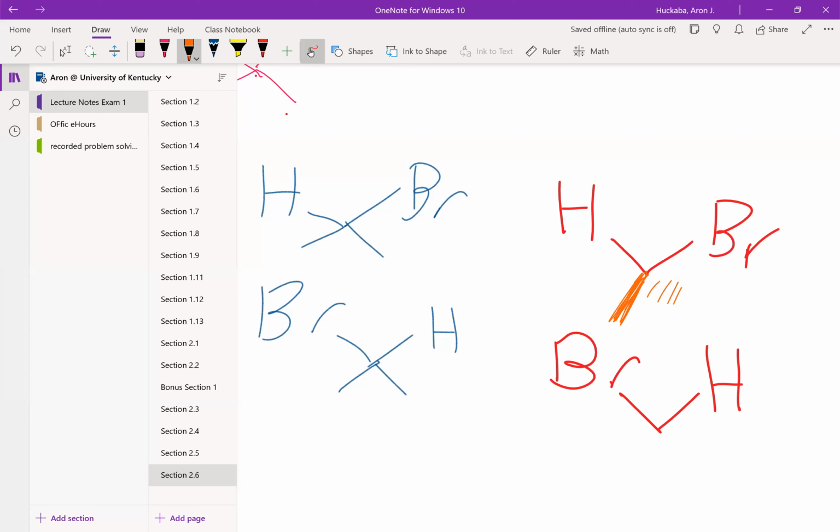In the same way, we need to add in one a wedge and a dash. Let me draw that a little better. Again, with my finger, it's harder for me to draw these very well, but I'm going to really try here.